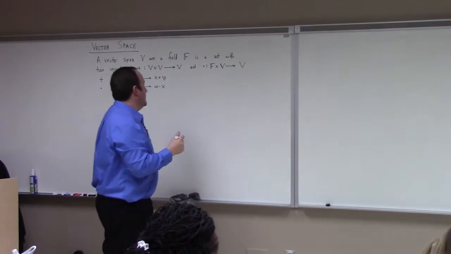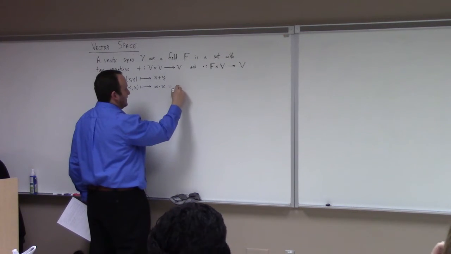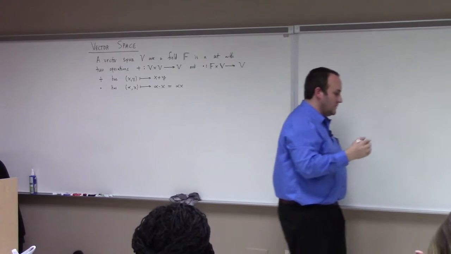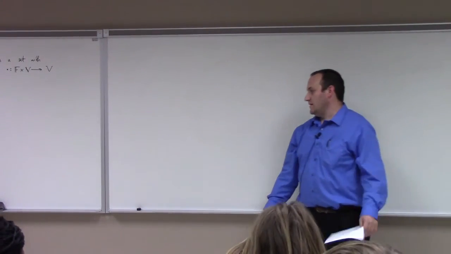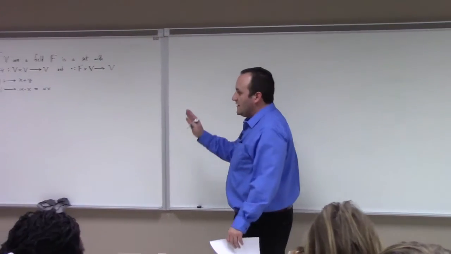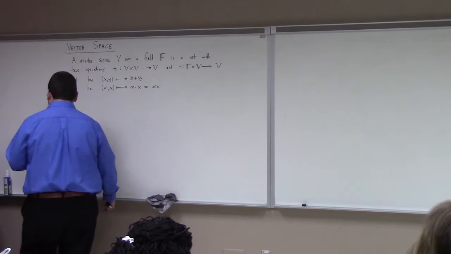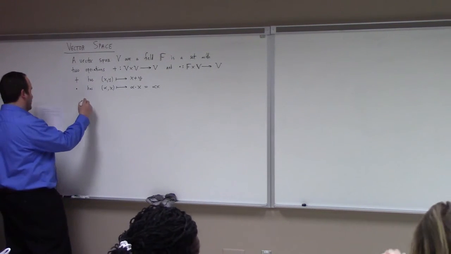Typically speaking, for the scalar multiplication, we just denote it by juxtaposition, side by side. And in fact, in applications, often we even allow ourselves to put the alpha on the other side, although strictly speaking, that's not in the definition.